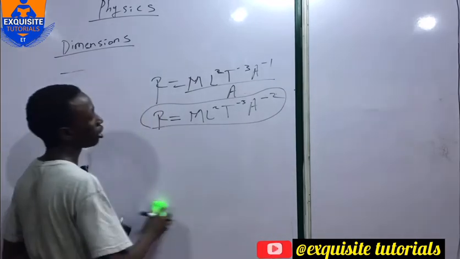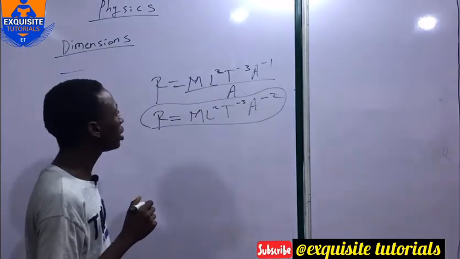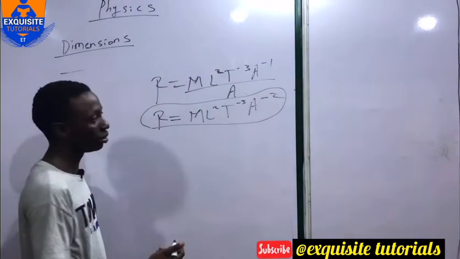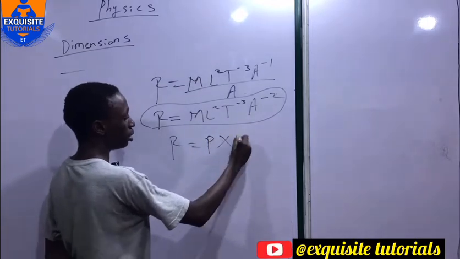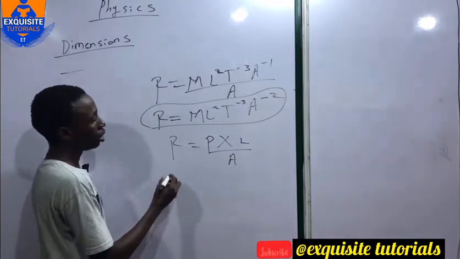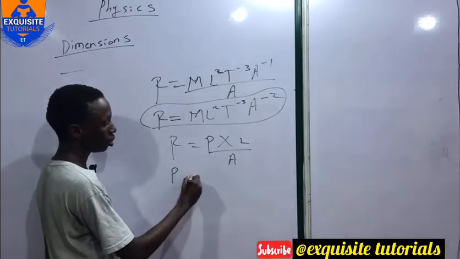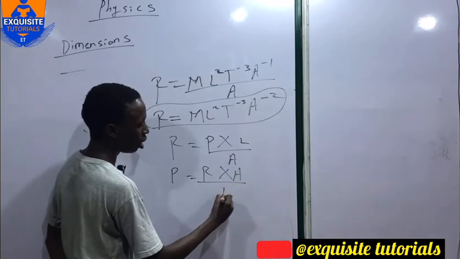Now let's take another one. Let's say they ask us for the dimension of resistivity. We can represent resistance and resistivity with the formula R is equal to resistivity times length over area. Now we can say resistivity is equal to resistance times area over length.